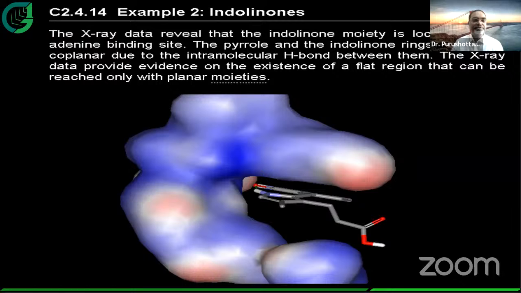And if these two rings are not making the intramolecular hydrogen bond, as you have seen in the case of thiazole, in the case of other heterocycles where the nitrogen is not available, we lose the intramolecular hydrogen bonding, and the flat nature of the two rings does not exist.